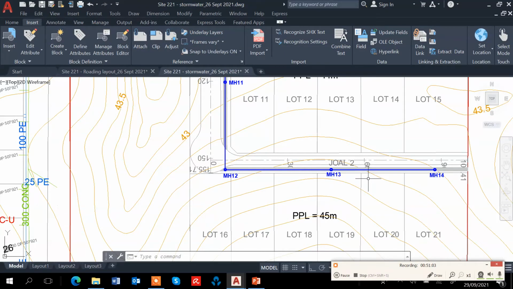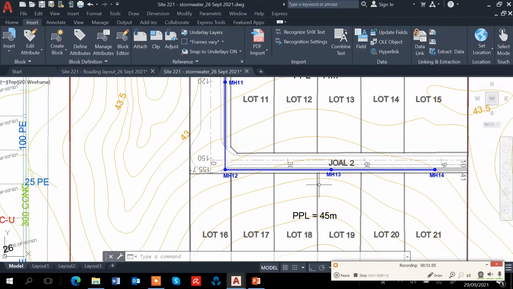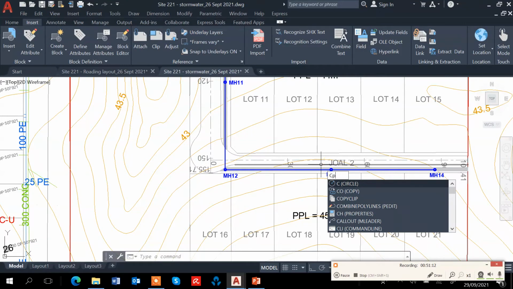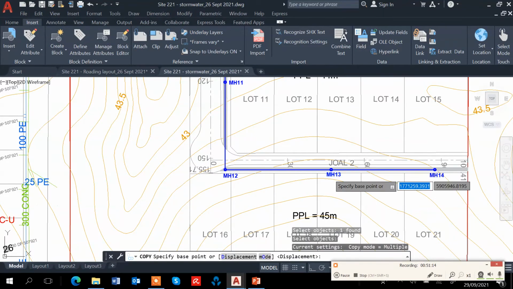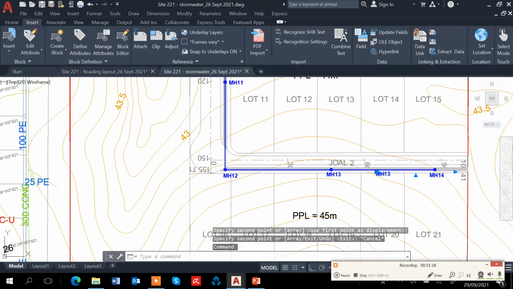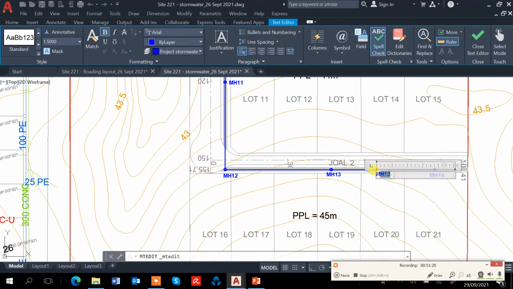Like this one, this one is 375. So I think I just copy this. So this one is 375 mm UPVC.